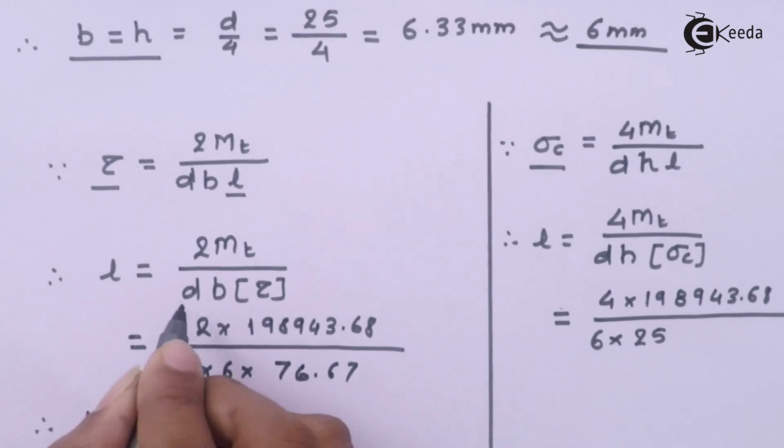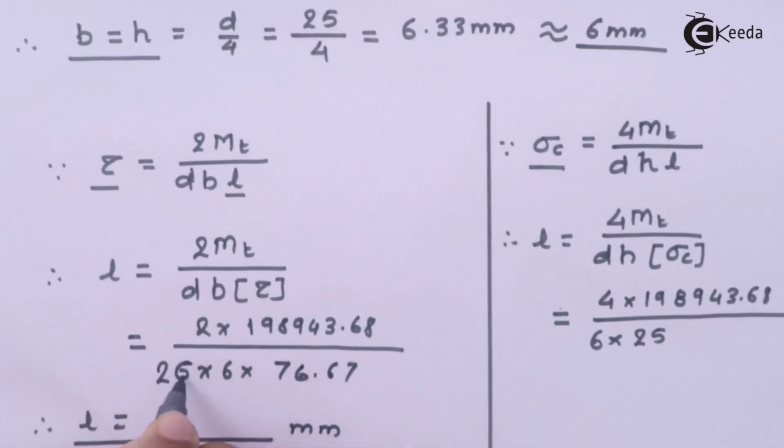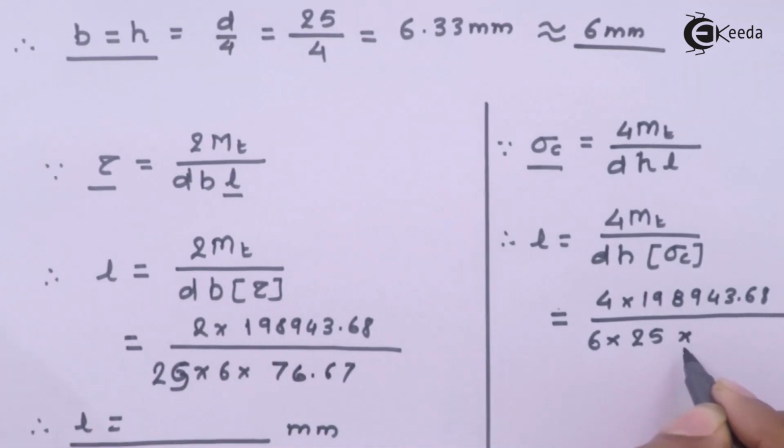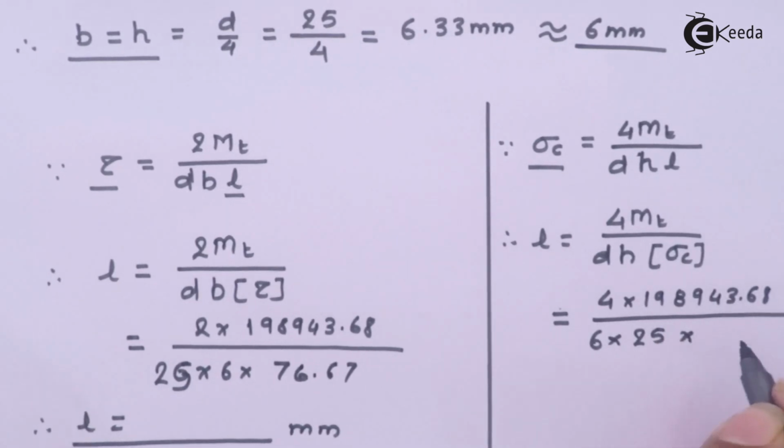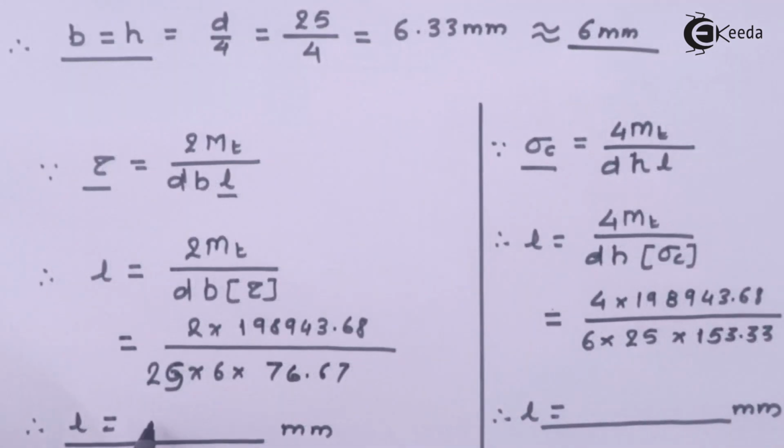Let me make a correction here: the diameter is 25 and not 26. Into the value of compressive stress that we already have, and therefore the length will have another answer. The value comes out to be 34.6 millimeter for both of them. So that is where we have found the length.